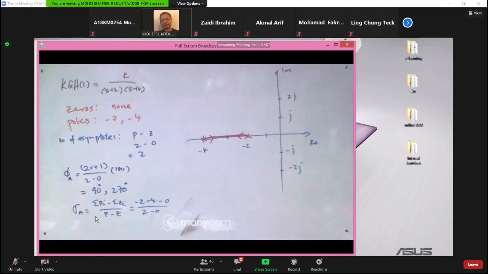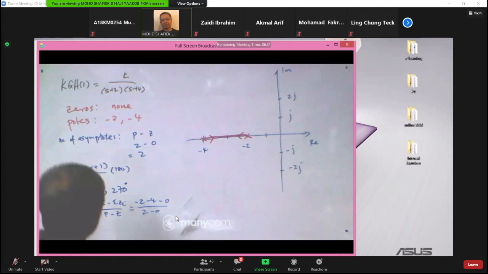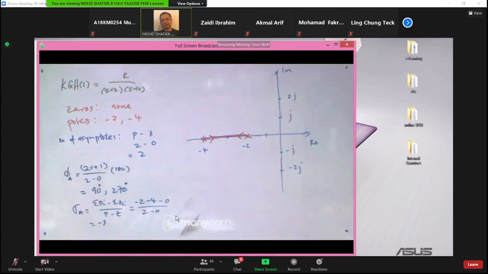This is going to be our intersection of asymptotes, which is equal to -3. So now we know that our asymptote is going to go through -3.